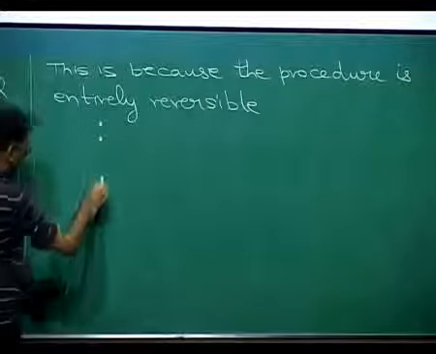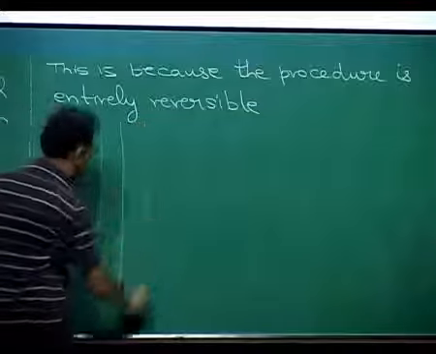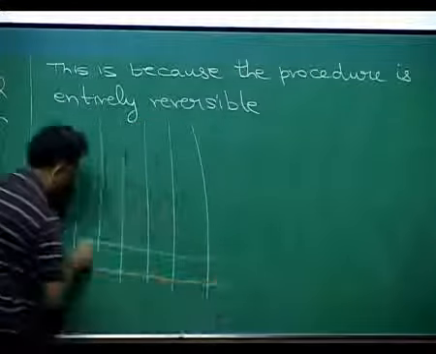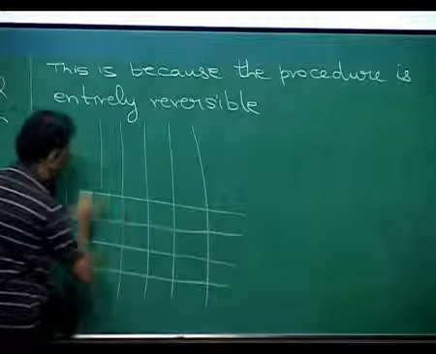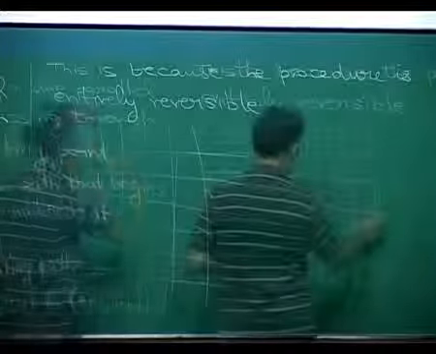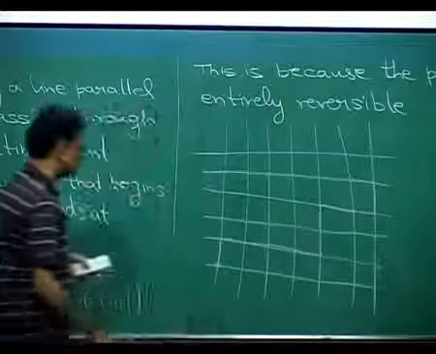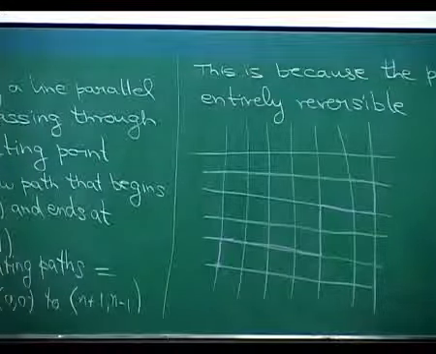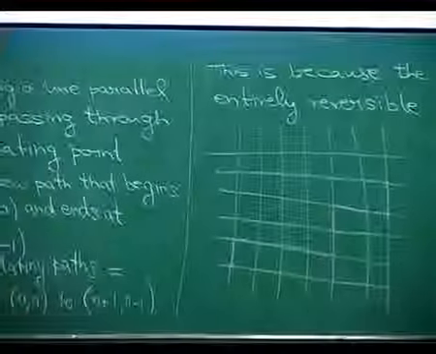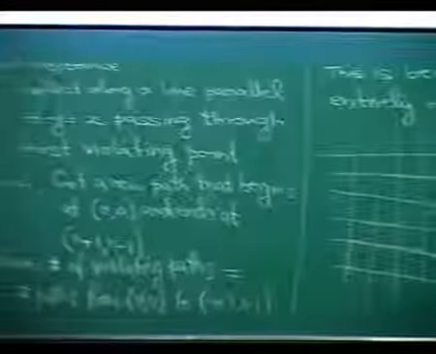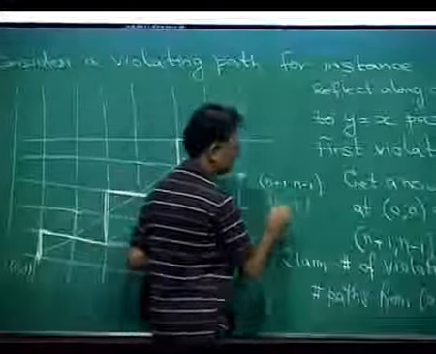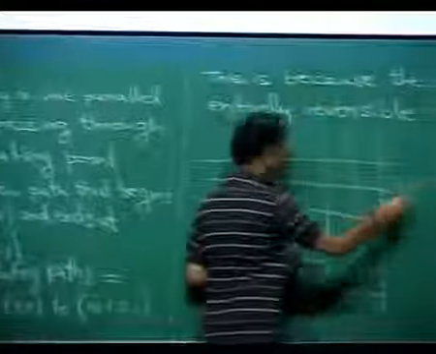Let me take this picture. Let me take this path. This is some path from 0, 0 up to the point n plus 1, n minus 1, which is 6, 4 for us. So some path to 6, 4.